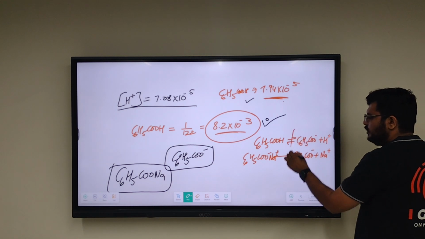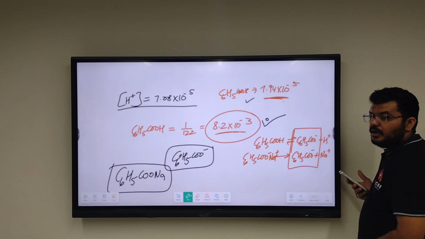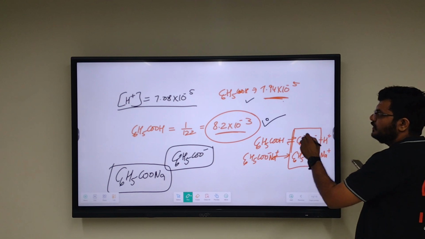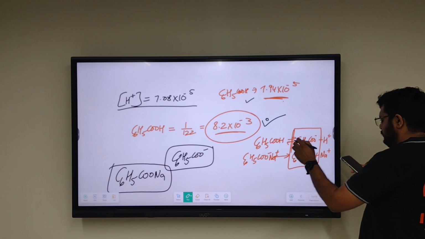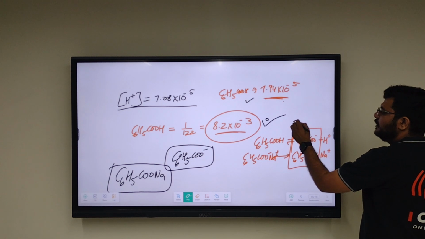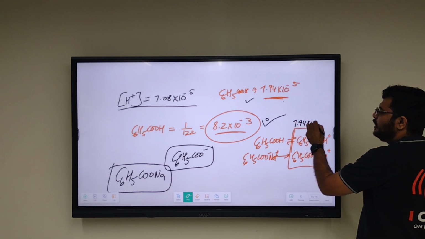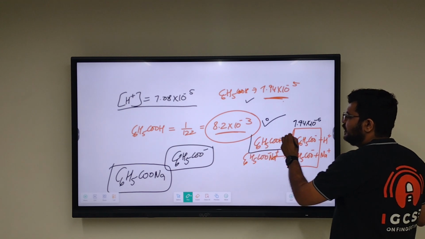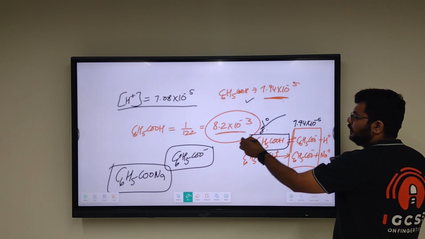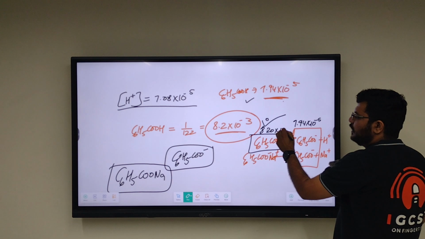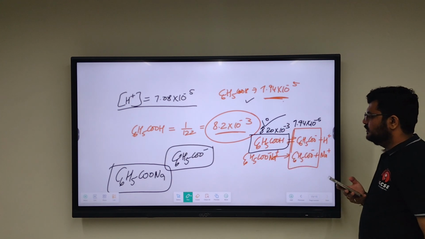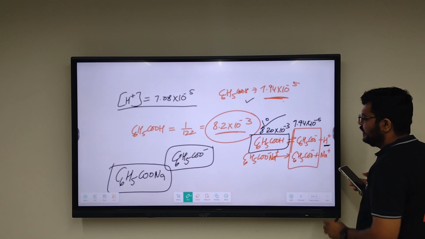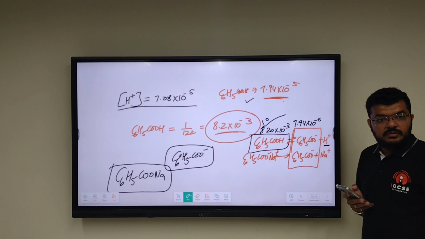You already know the concentration of this combined: 7.94 into 10 to the power minus 5. The concentration of this is 8 point something into 10 to the power minus 3, and this one we also got, 7.0 minus 5.